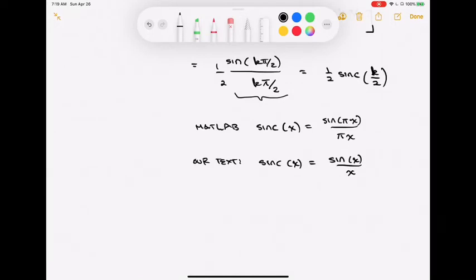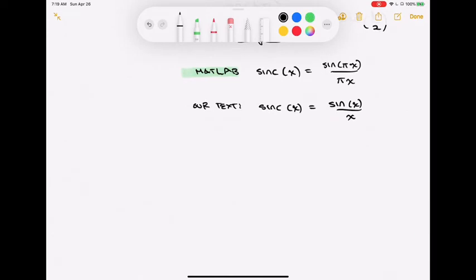The reason I choose the MATLAB one rather than the book one usually is just because I like checking out and plotting my results in MATLAB, and I don't want to have to rewrite my own function overriding the built-in function in MATLAB. So I prefer that definition that uses sine pi x over pi x. Usually, you just need to pick one or the other and go with it.